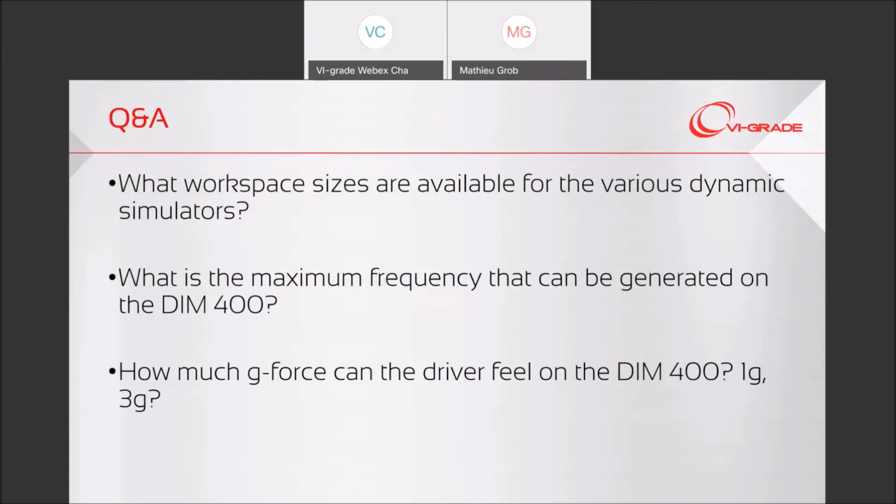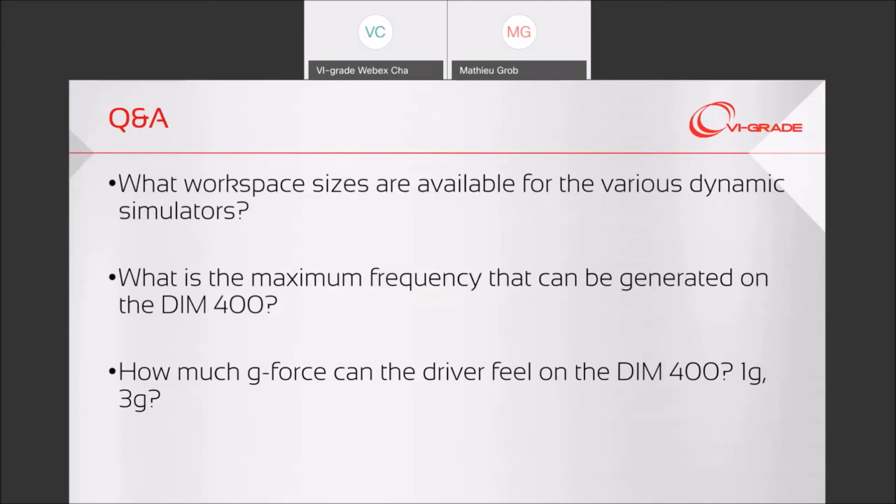And then, as I explained, for NVH and ride and comfort applications, we can go higher with our shaker system, up to, let's say, 250 hertz. So with a combination of our platform and our shaker system, you can cover from 0 to 250 hertz.